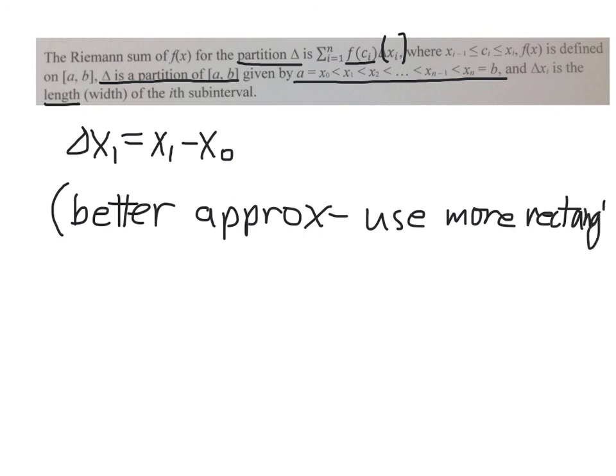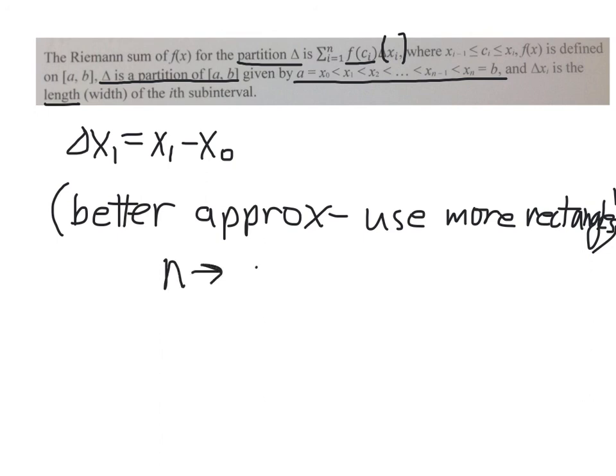As we think about how we get the exact value, how many rectangles do you think we should use? Okay, right, an infinite number of rectangles. Well, we can't practically do that, but that's the idea.